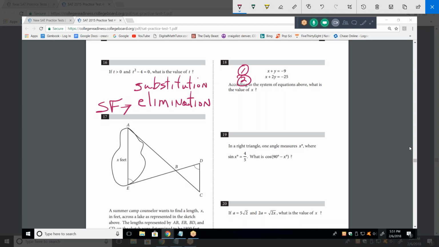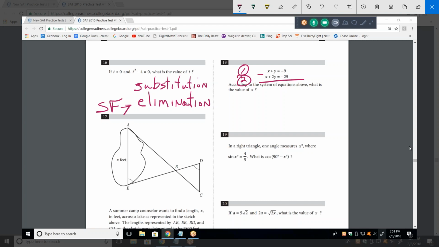If I add them, I'm going to have 2x plus 3y equals minus 36, and nothing got eliminated. It's called elimination for a reason. We have to eliminate a variable. So what if I chose to subtract them? Notice what gets eliminated: the x's.